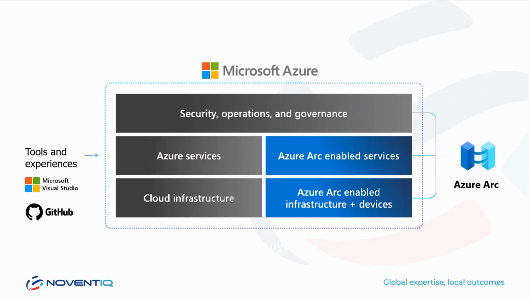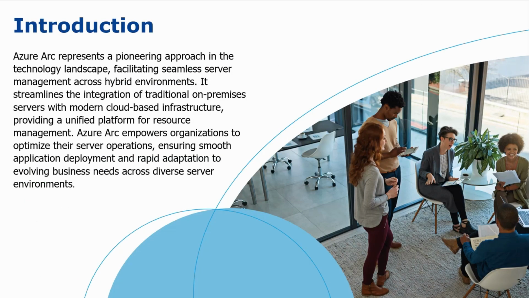Meaning, whatever Azure security, operations, governance, or Azure features we use today for the Azure infrastructure can be expanded to your on-premises servers or AWS or third-party cloud servers via Azure Arc. When we say you can manage, monitor, govern, and secure them, that is not bringing or hosting them onto Azure.